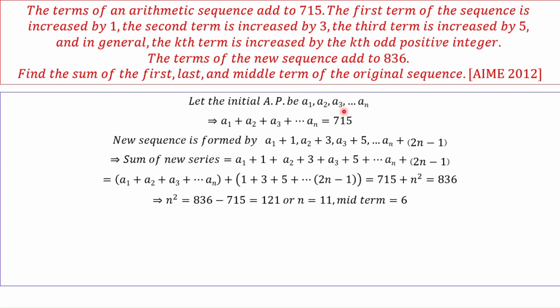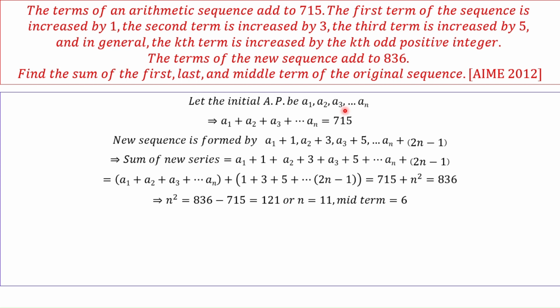if you take any three numbers, the middle number is the average of the neighboring numbers. And one number is also the average of the two terms preceding and two terms succeeding it. That means a3 is equal to a2 plus a4 by 2, also a1 plus a5 by 2.